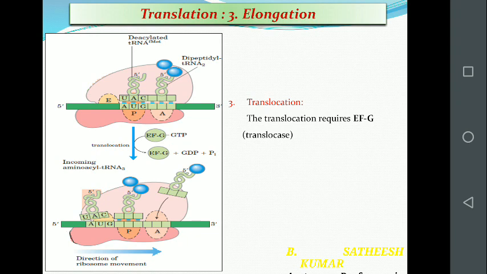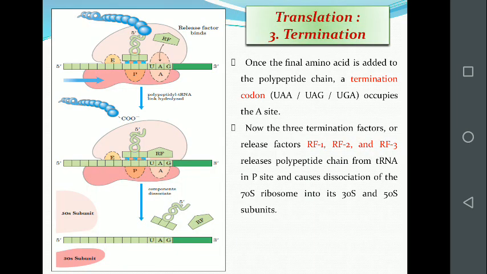Once translation is finished, that is marked by the appearance of a termination codon in the A site. Once the A site is occupied by the termination codon, there is no specific tRNA molecule which can recognize that termination codon.